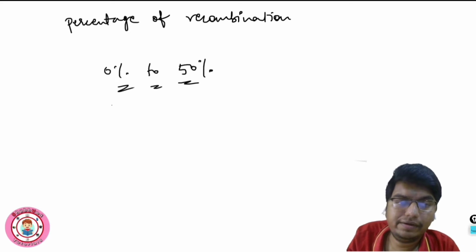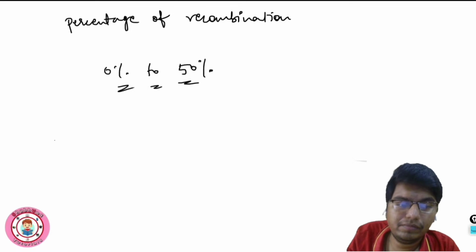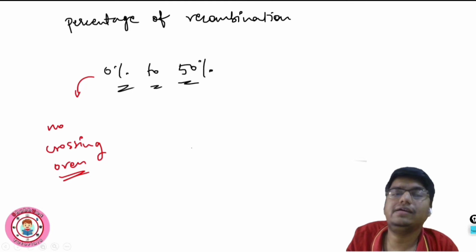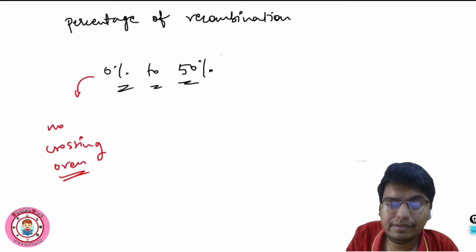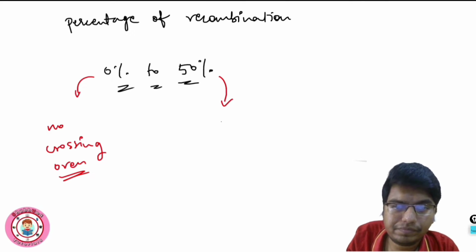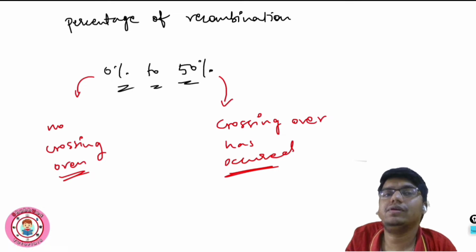So 0% indicates that there is no crossing over, means we can say that complete linkage. And 50% means crossing over has occurred, means incomplete linkage.